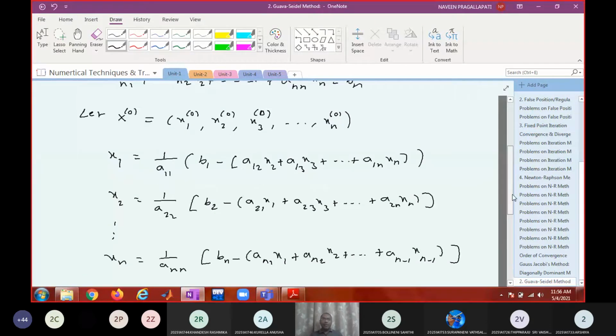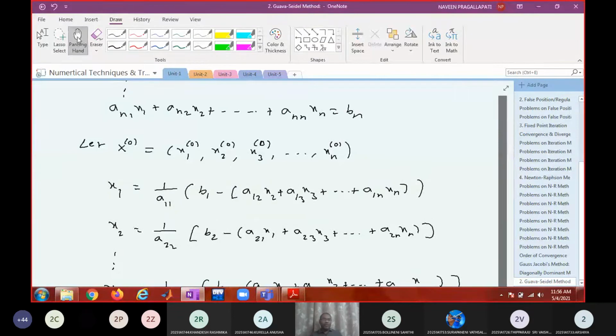Then what you do, you want successive approximation of x power 0. First you get x1 by substituting these values of x2, x3 here. Listen carefully. Initially I'm substituting x2 power 0, x3 power 0 and so on, xn power 0. The value so obtained is denoted as x1 power 1.